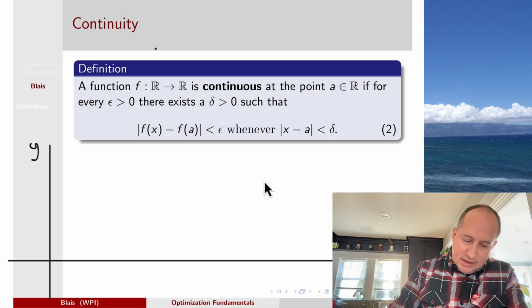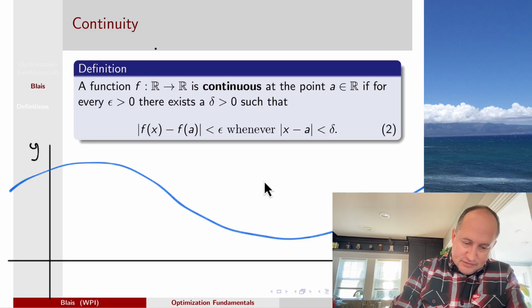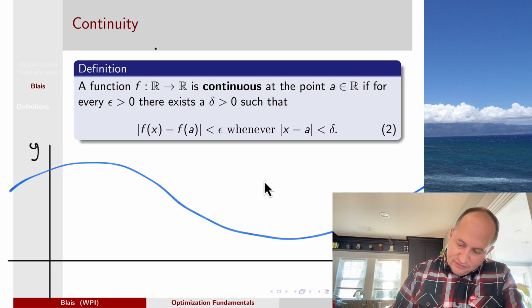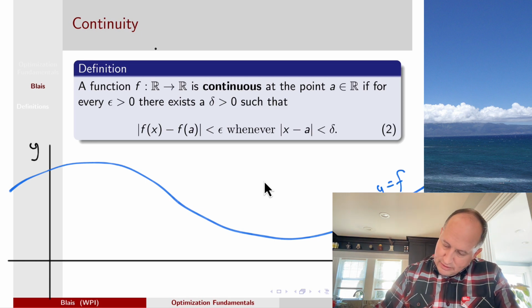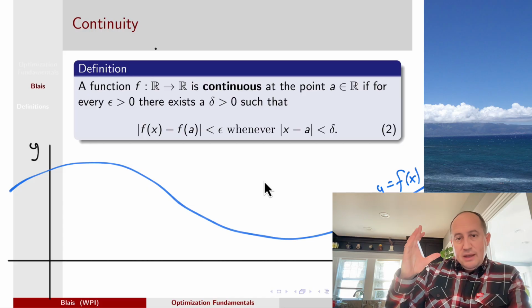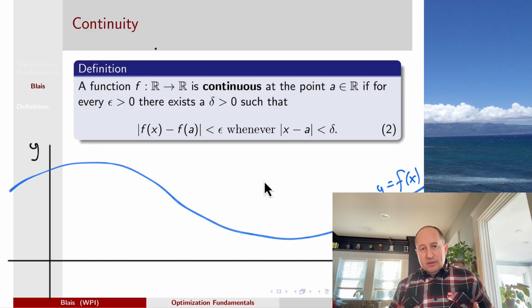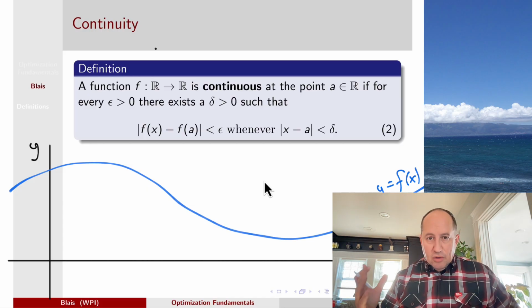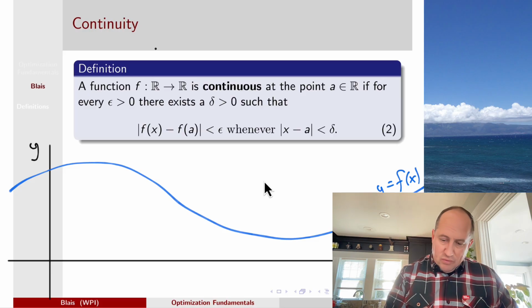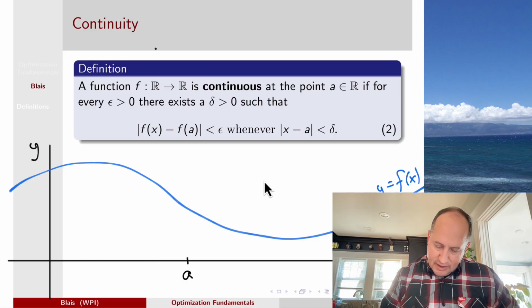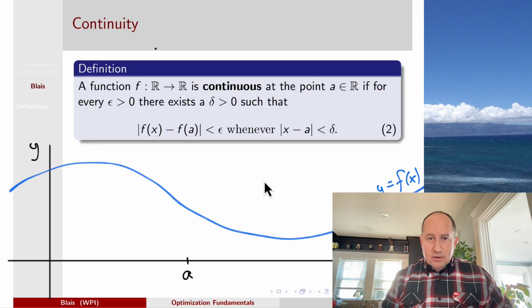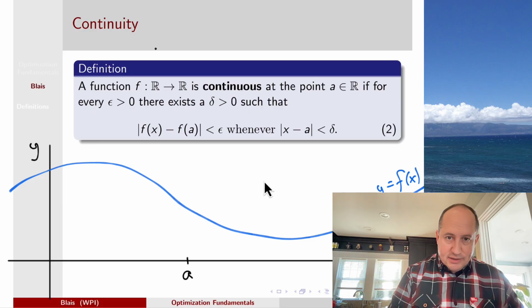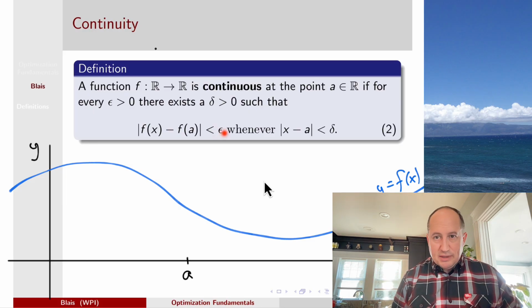So I want us to just think of a typical graph for a continuous function. When we think of continuous functions of a single variable, that means no jumps, no holes, and no vertical asymptotes. And so we want to think of what it means to be continuous at the point a. Well, the idea is to think of this epsilon as given.